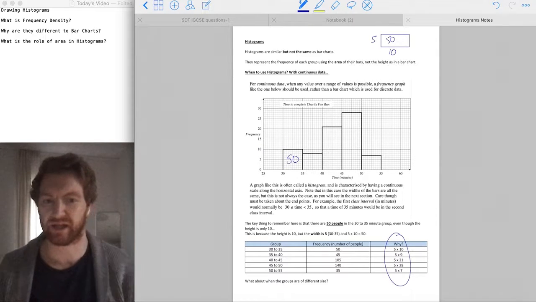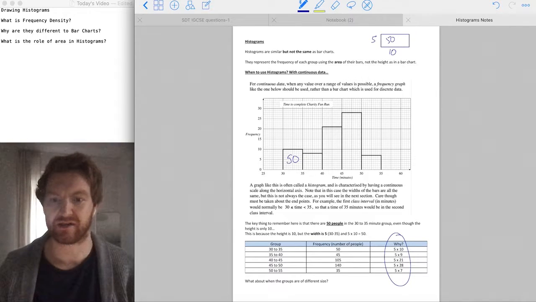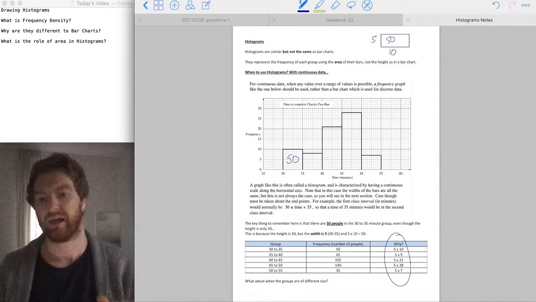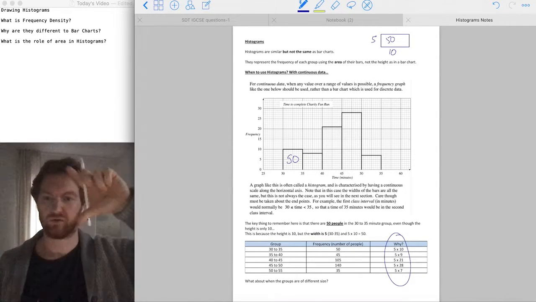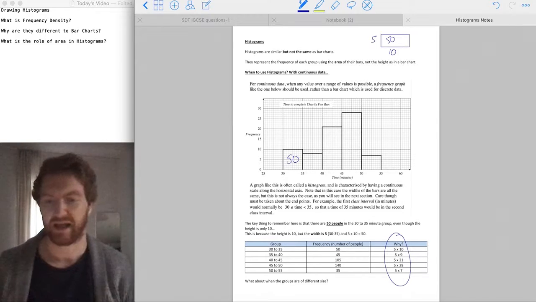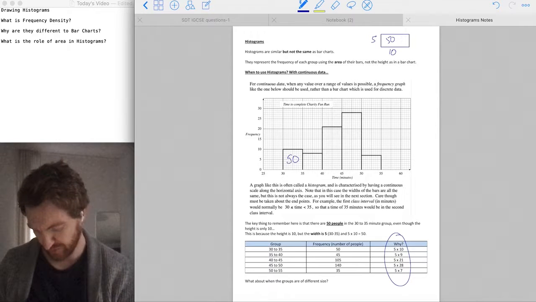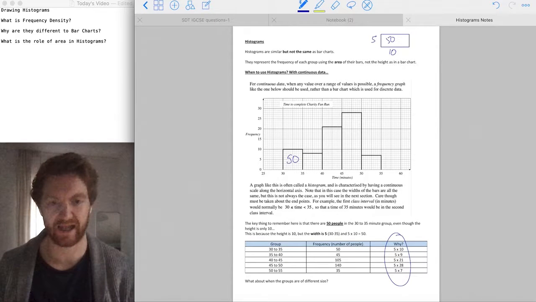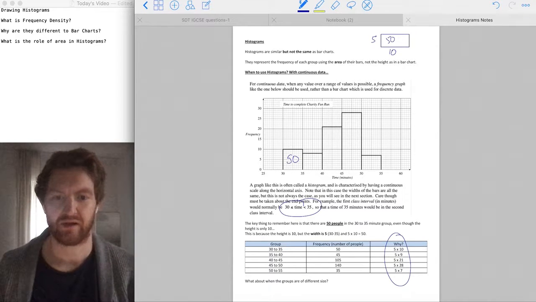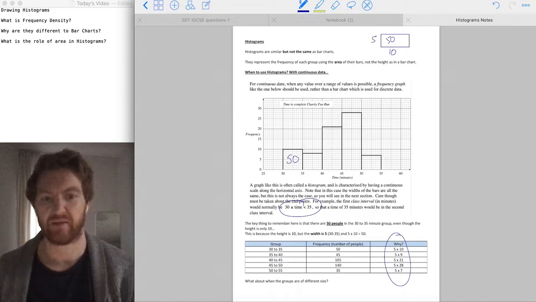A chart like this one here, but you can also see ones that don't have the same width. So you might have long, tall bars, short, fat ones, and everything in between. Another thing to remember is if you look at this group here, it says more than or equal to 30, but less than 35.